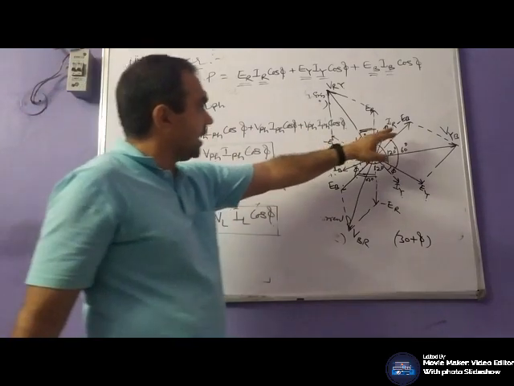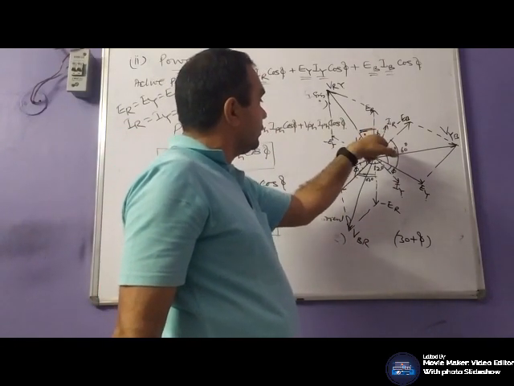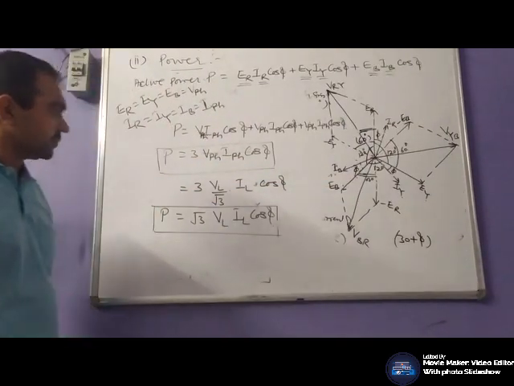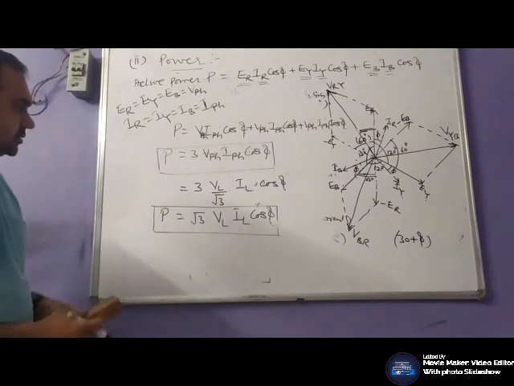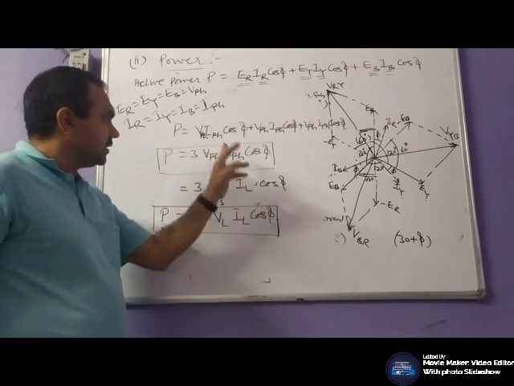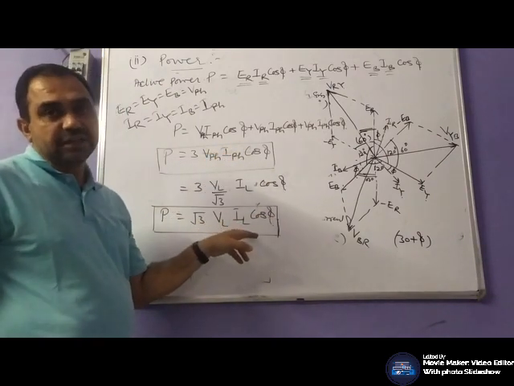Because here current would be same. What would be the phase angle between line voltage and line current? It would be 30 plus phi. Because IR is equal to IL. So this phi is the angle between phase voltage and phase current, not line voltage and line current.